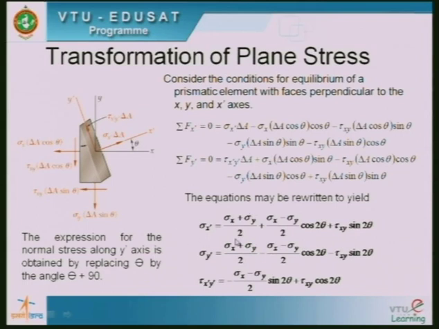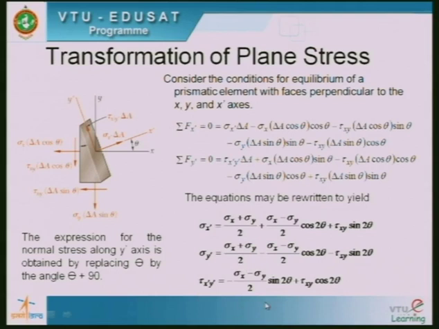Similarly, if we take the equation sum of forces along y dash equals 0, we have this, and using the trigonometric relationships as I have explained here and reducing that, we would get an equation for tau x dash y dash, which is indicated here, equal to minus sigma x minus sigma y by 2 sin 2 theta plus tau xy cos 2 theta. These are the equations that we are going to use. This is for the normal stress along a plane and this is the shearing stress along a plane.